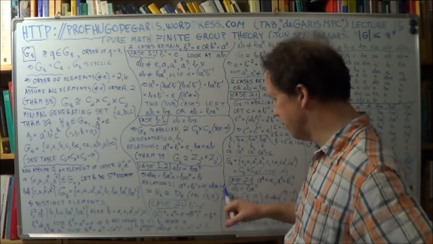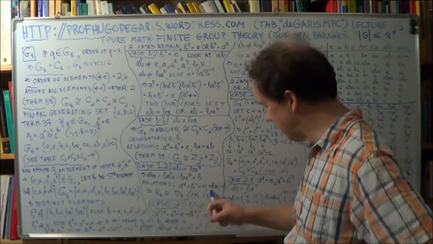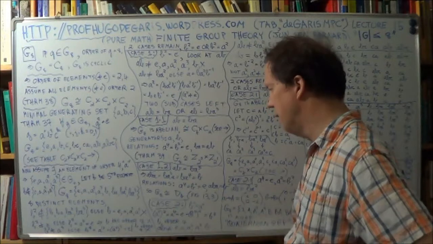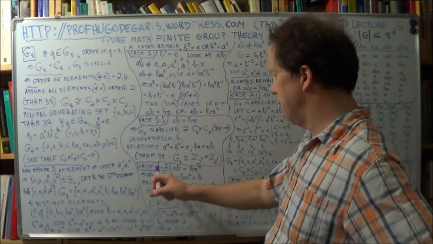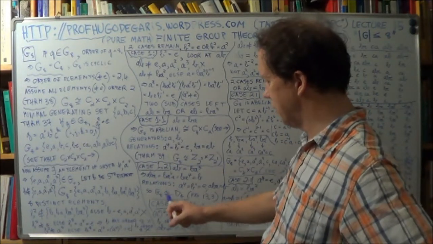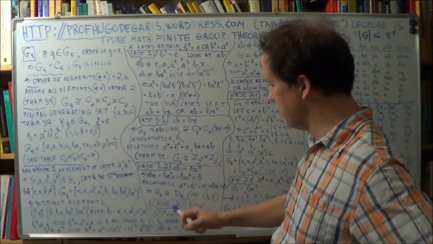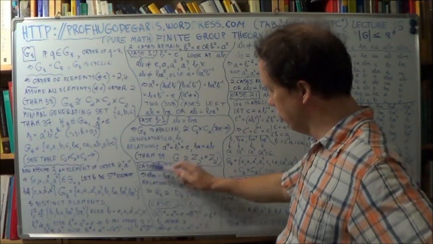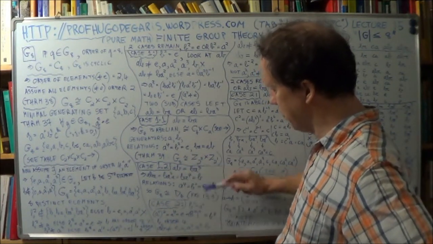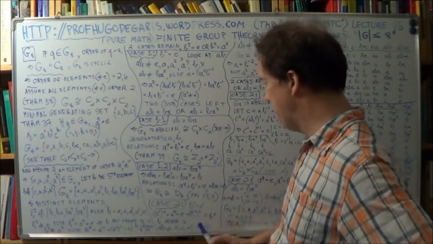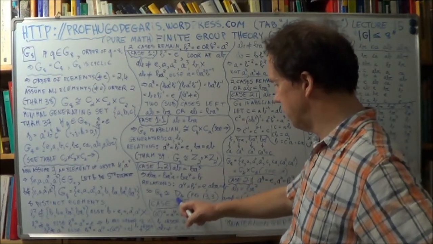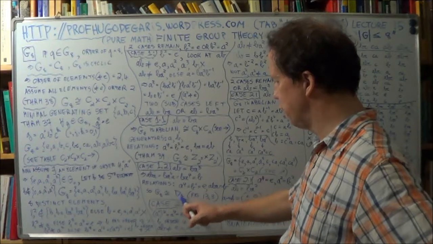Remember this ABA equals B? That should be familiar to you now. So in this case, the presentation is the same as D4. So that means the group G8 with these properties, with this presentation, is isomorphic to the dihedral group D4.